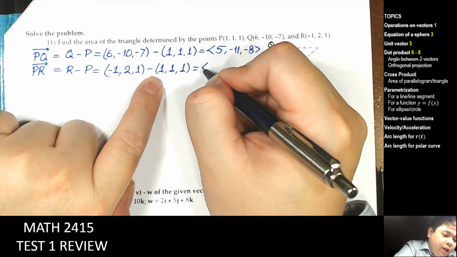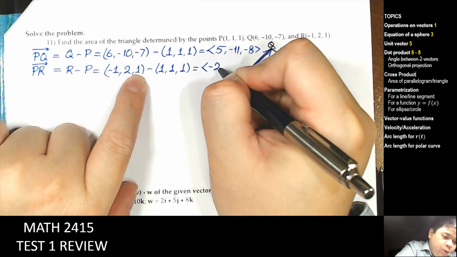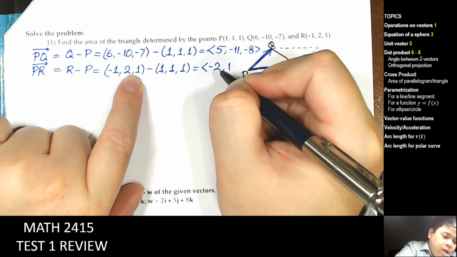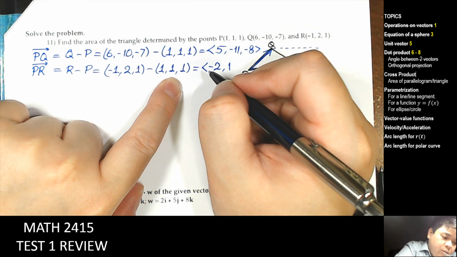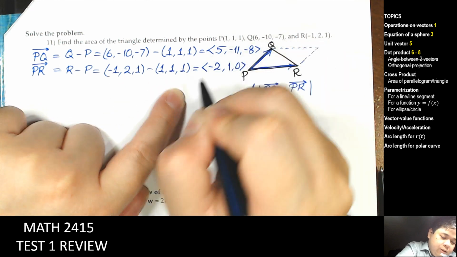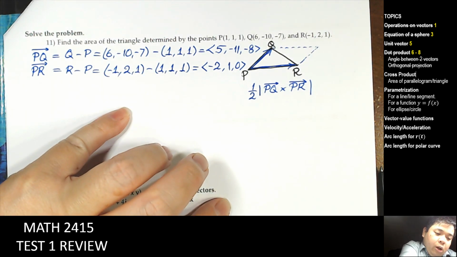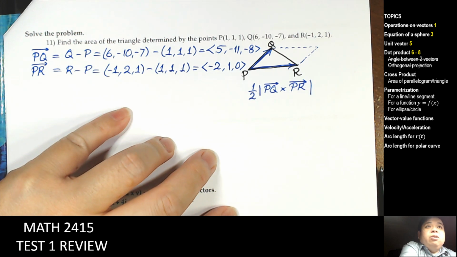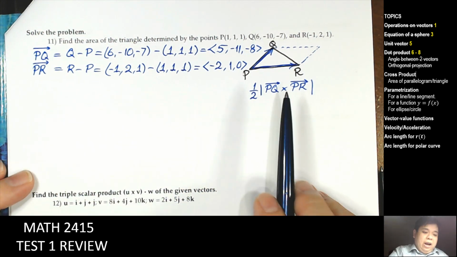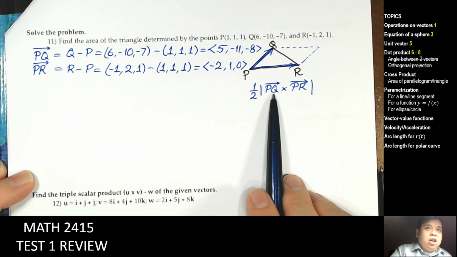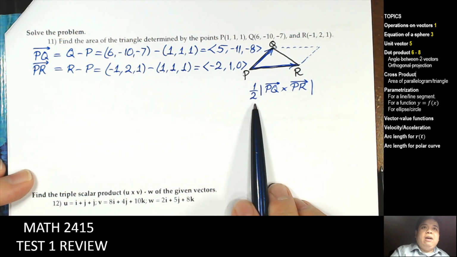So that's negative 2, 1, and 0. Next we find the cross product, the magnitude, and then cut that in half.